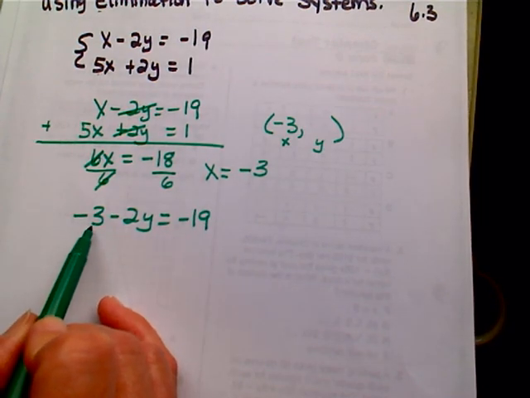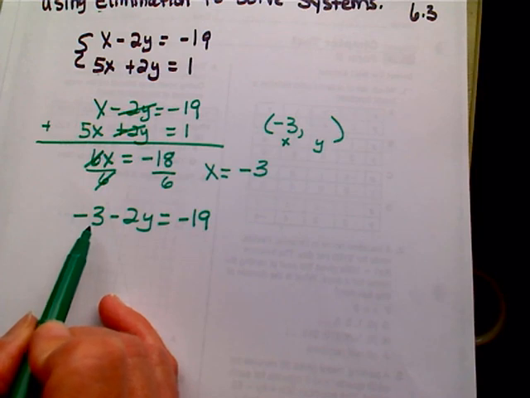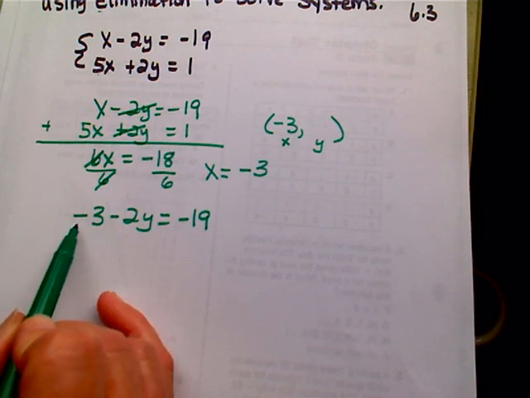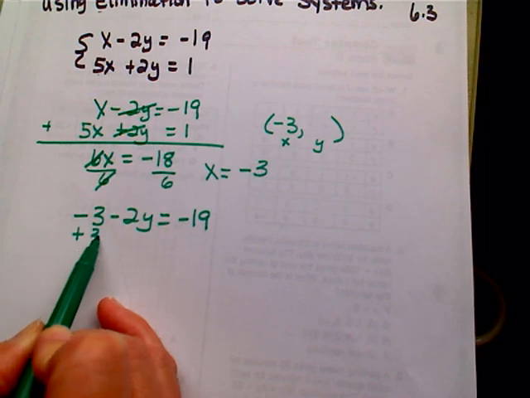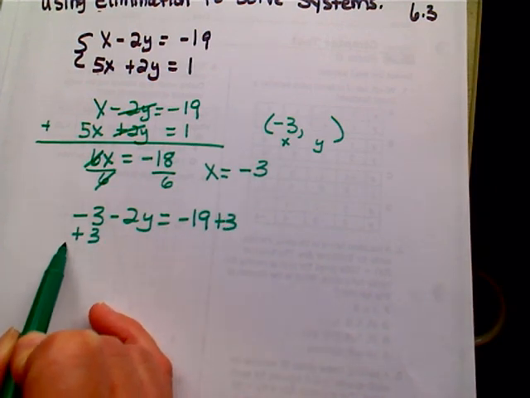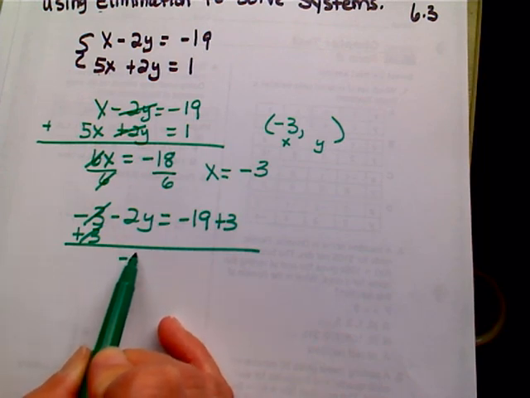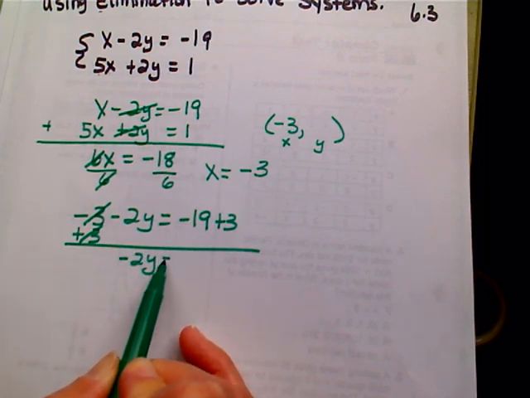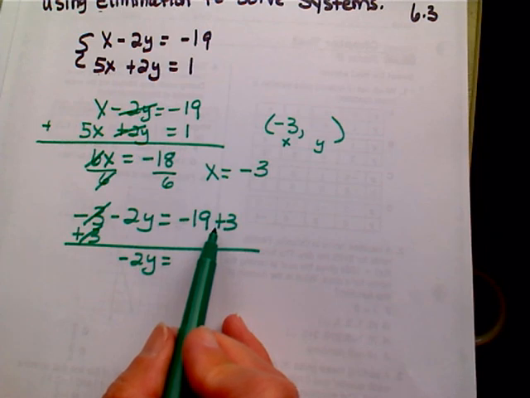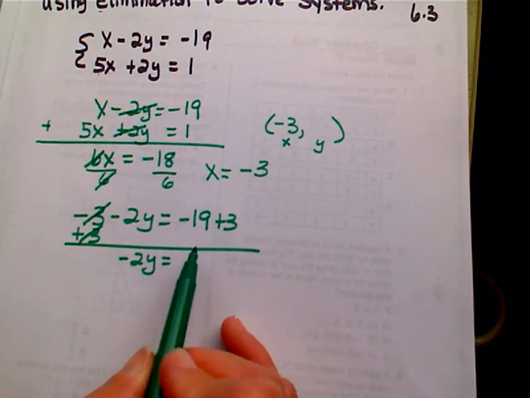Now, I know that I have to move that 3. I have to do my addition or subtraction first. So since this is a negative 3, I'm going to add 3 to both sides. Again, those cancel out, leaving me with my negative 2y, and negative 19 plus 3 will give me negative 16.